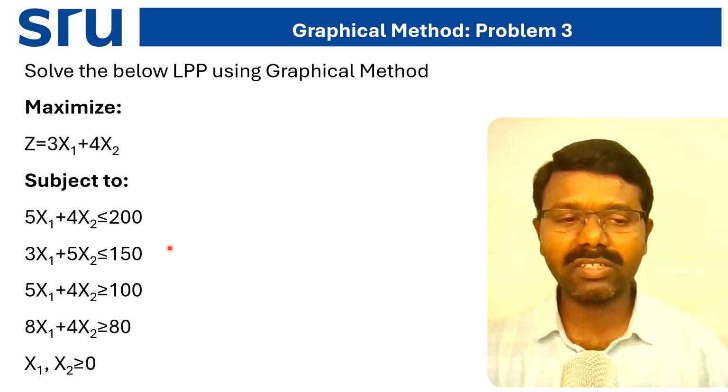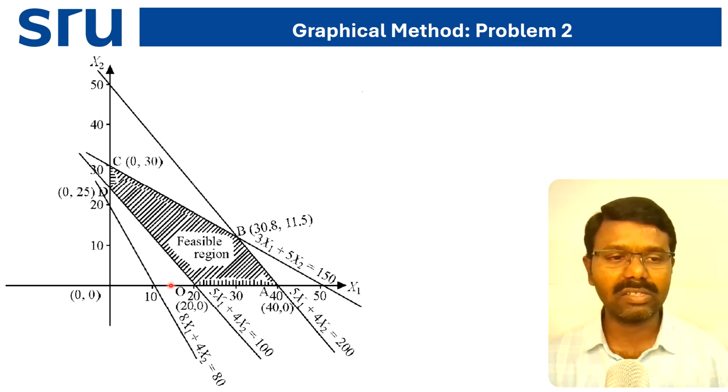If you plot all these equations after finding the intersecting points on the x and y axes, the graph will come like this. This is 8x1 plus 4x2 greater than or equal to, so this will cover the above region, and this is another equation, this covers the below region because it is less than or equal to 200, and this equation is also covering the less than or equal to region, and this is another equation which is also giving greater than or equal to 100.